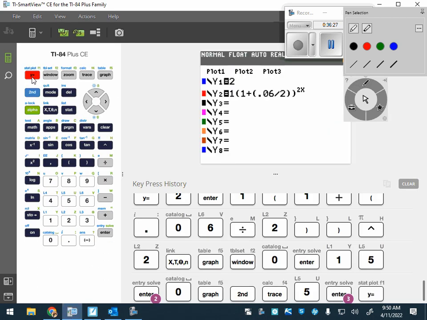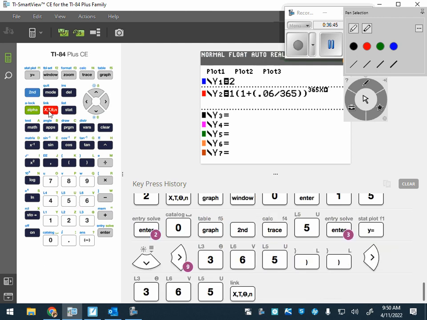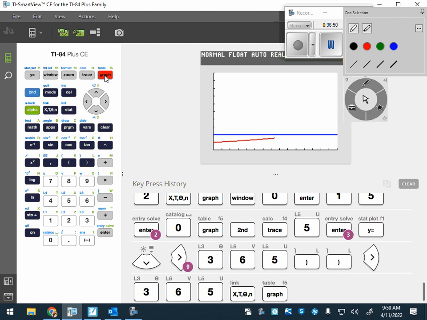Y equals, let's see. Looks kind of similar, huh?